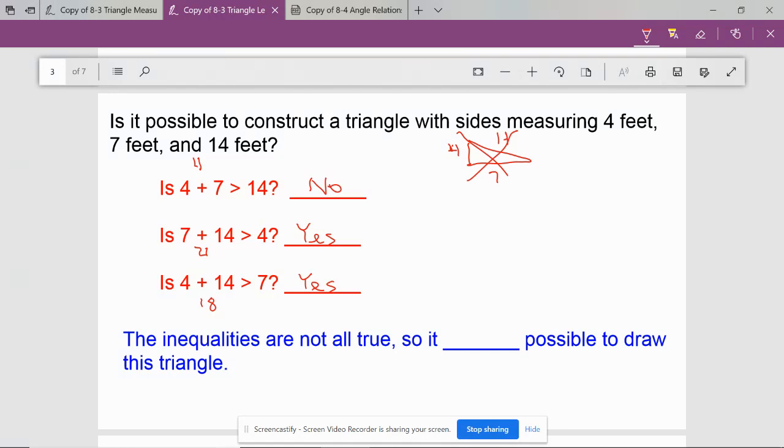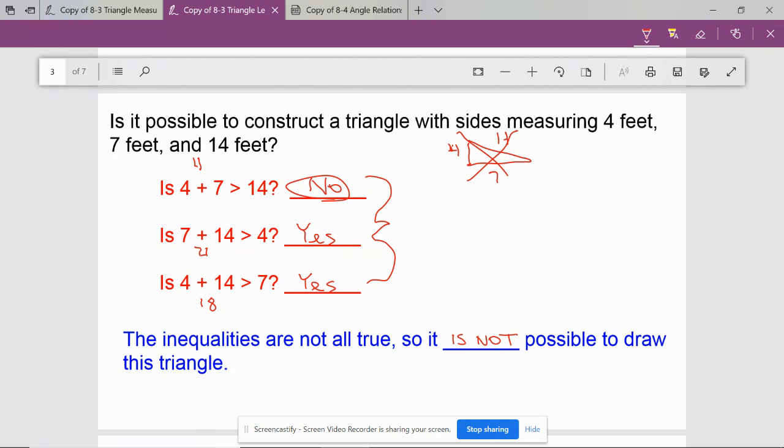So the inequalities are not all true, so it is not possible to draw this triangle. We didn't get 3 yeses here, right? We did get a no. We'd have to get 3 yeses in order for it to be true.